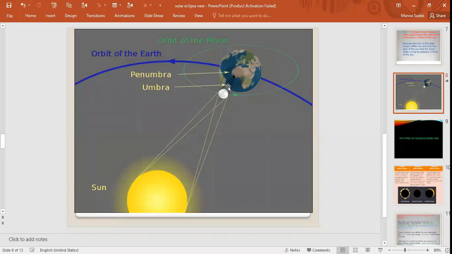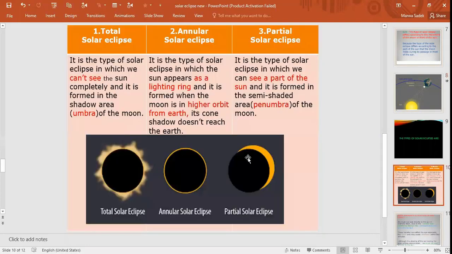Here, we can't see the sun completely, but we can see part of the sun, like this picture. This type of solar eclipse takes place in the penumbra of the moon. Okay, guys?